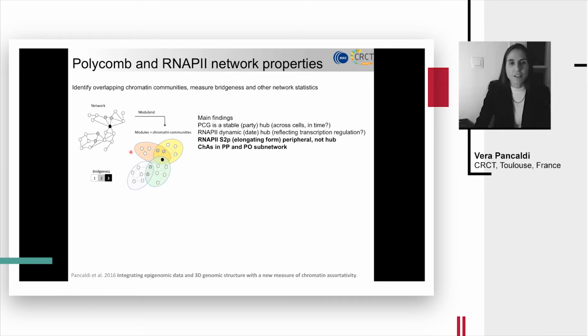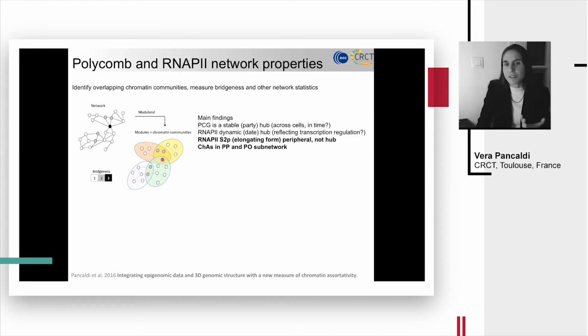We defined some things like betweenness centrality, bridgeness, and basically the main finding was that polycomb is a stable hub, which basically means that it has very high interaction, very high number of degrees, so very high number of contacts with other elements, and stable in the sense that according to the bridgeness and betweenness centrality that we were able to measure, we could see that it was probably making interactions that were fixed with the same element.